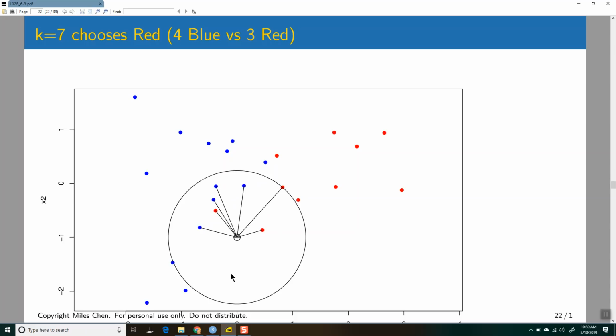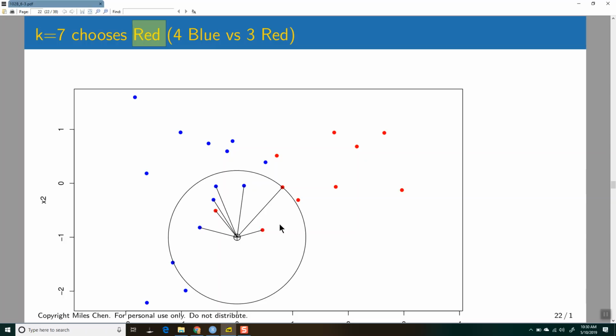And if we go to 7, this one is not the nearest. Oh wait, I made a mistake. 7 will choose blue, okay? I gotta fix this. Yeah, it says 7 chooses, but it says 4 blue and 3 red. I fixed this part, but not this part, so I've made a mistake there.